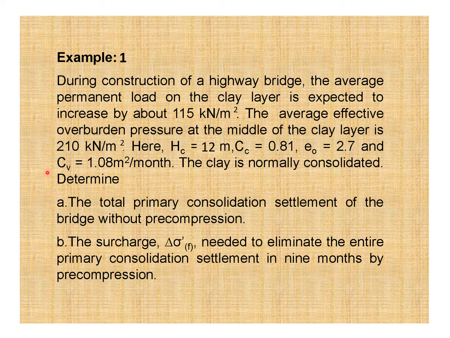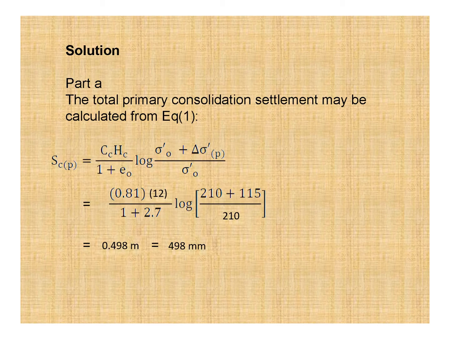The clay is normally consolidated. Determine part A, the total primary consolidation settlement of the bridge without pre-compression. Part B, the surcharge delta sigma dash F needed to eliminate the entire primary consolidation settlement in 9 months by pre-compression.